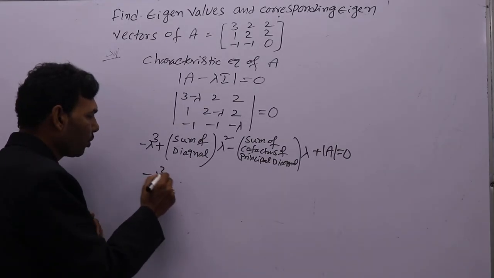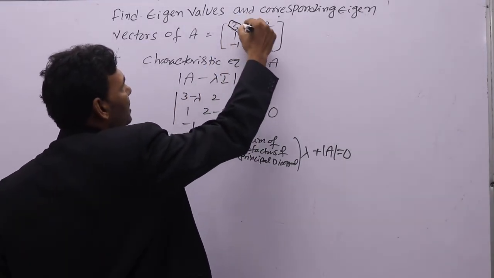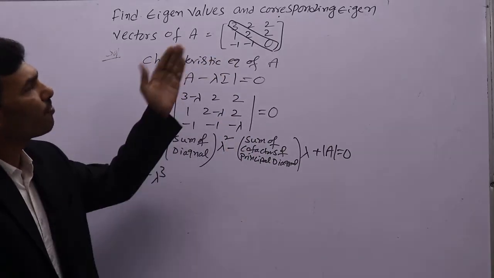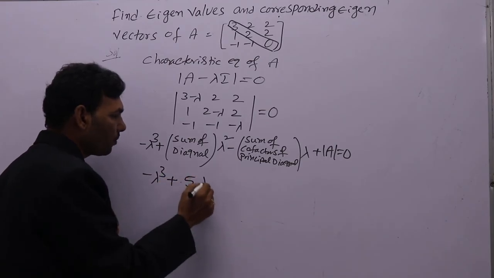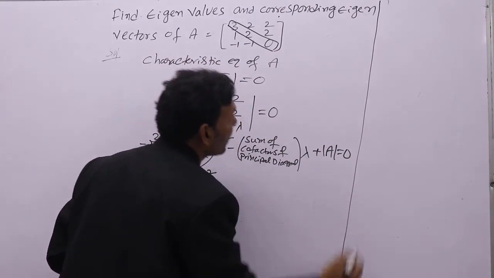Minus lambda cube. Sum of diagonal means you need to add these three elements: 3 plus 2 plus 0, that is 5 lambda square, minus sum of cofactors of principal diagonal.